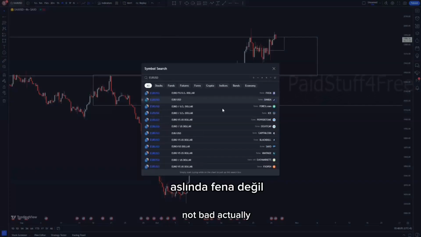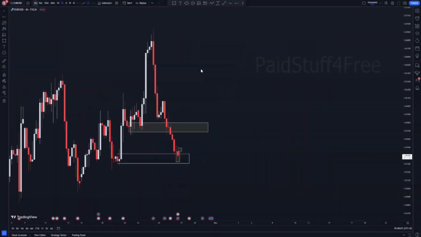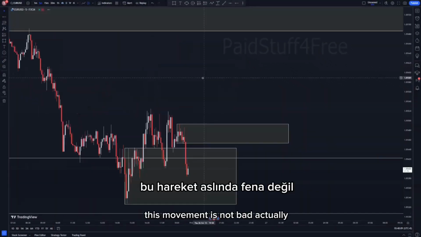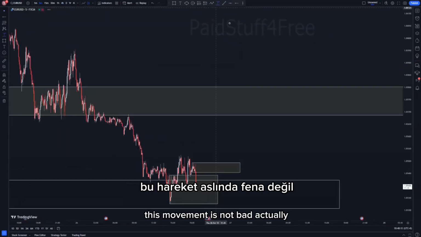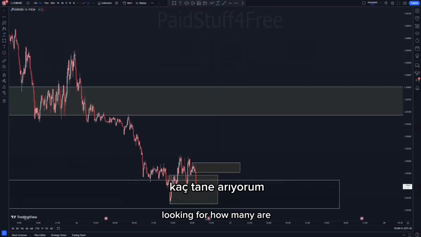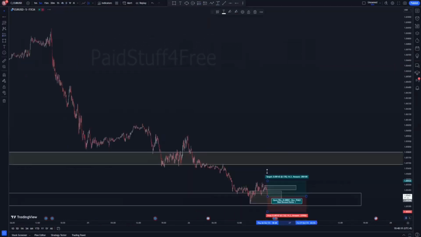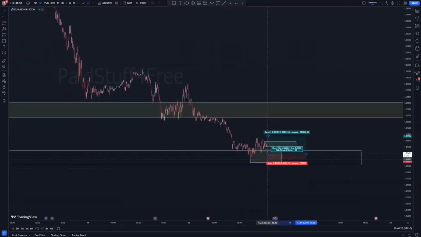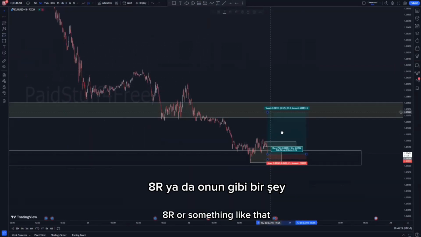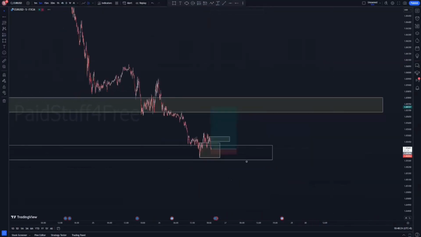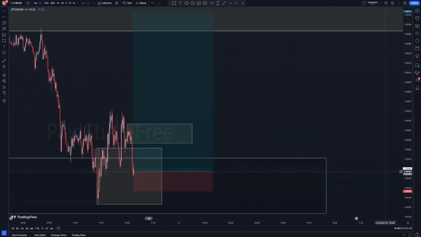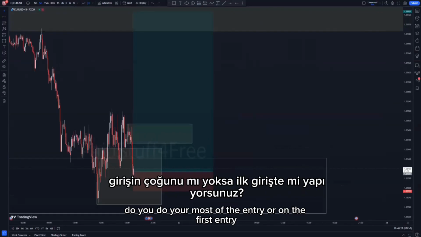Okay, not bad actually. This movement is not bad actually. Looking for about 8R, something like that. Do you take most of your entries on the first entry?